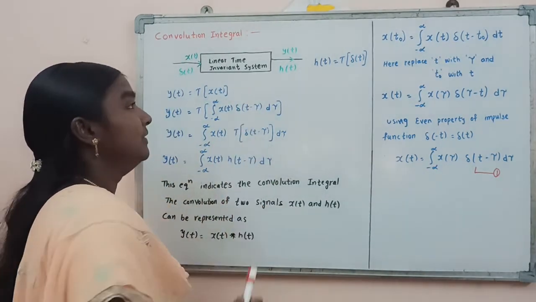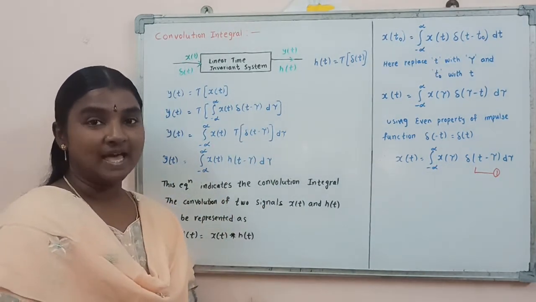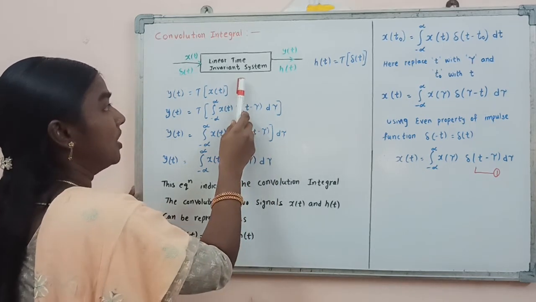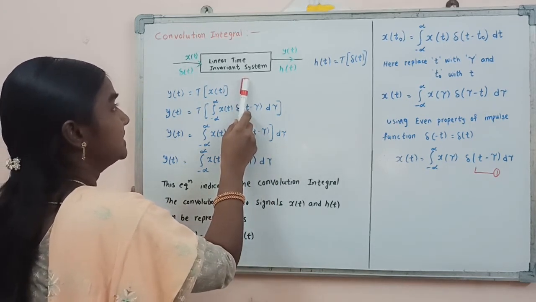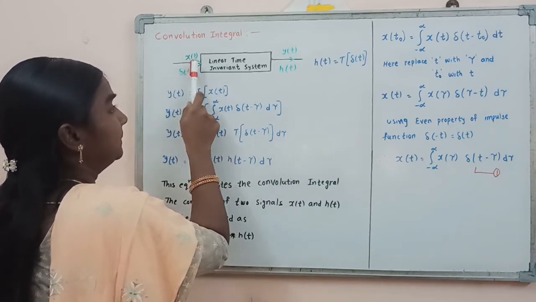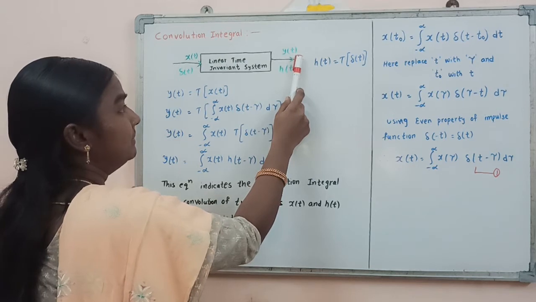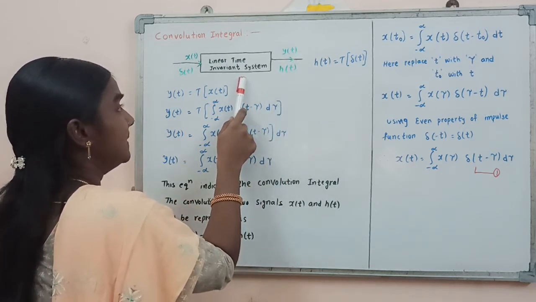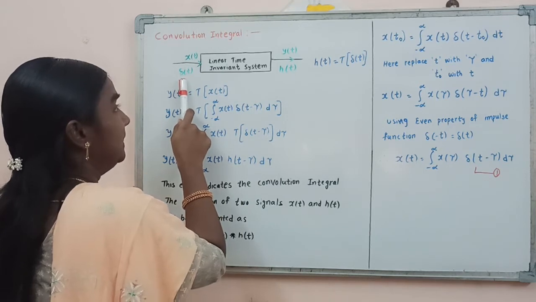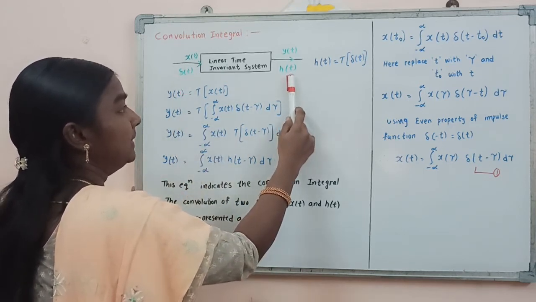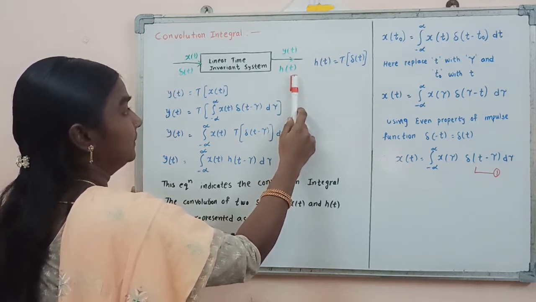Now here we are considering a linear time invariant system, which is represented in this block diagram. For this system, x of t can be input and y of t can be output. If we consider for this system, input is impulse signal delta of t and the output can be denoted as impulse response h of t.